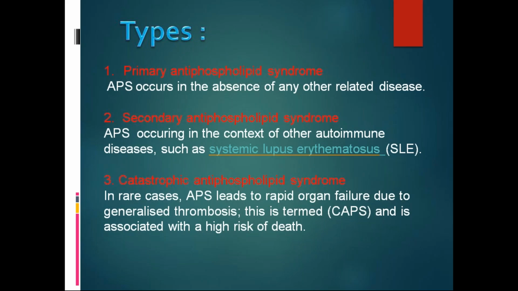Because of this, infarction happens everywhere. Whenever a thrombus forms in the coronary arteries, it leads to myocardial infarction. Whenever it forms in the peripheral arteries, diseases like Raynaud's can occur. All these features develop because of thrombus formation.